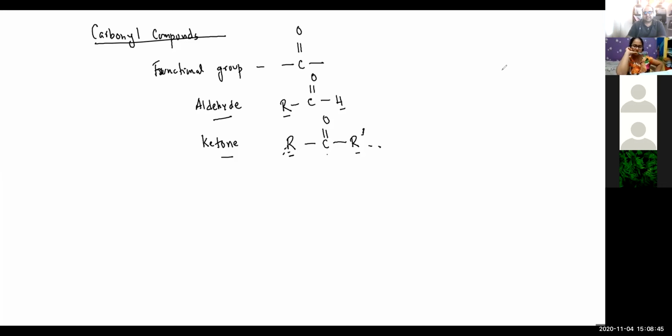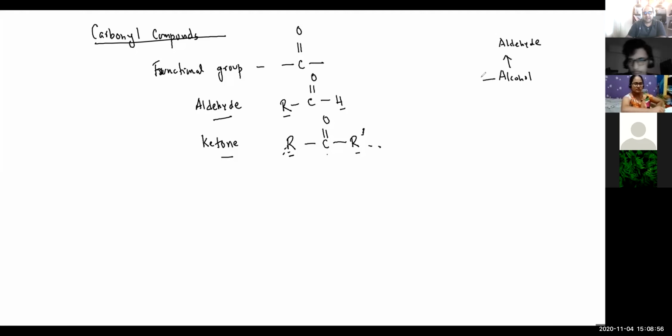Last class I told you that the most important is alcohol, right? So alcohol can become aldehyde, and then it becomes carboxylic acid. Alcohol can also become ketone. So the key difference: primary alcohol will become aldehyde, secondary alcohol will become ketone.